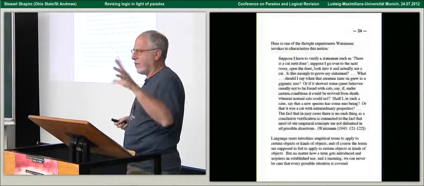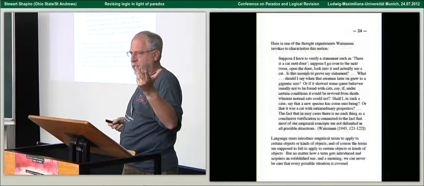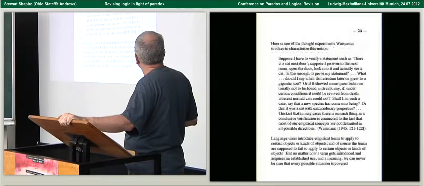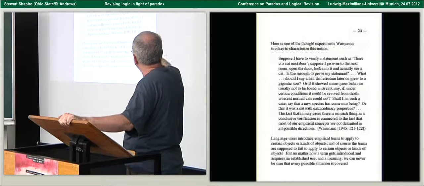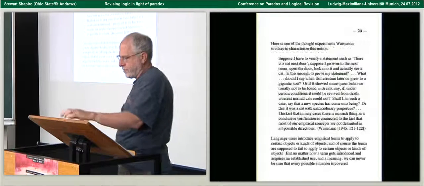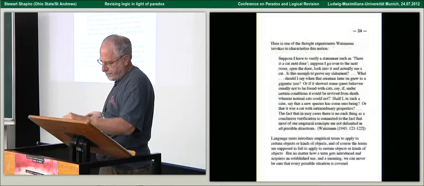The target of the Weismann paper was crude verificationism, but he realized that the idea is more far-reaching than that. The fact that in many cases there is no such thing as a conclusive verification is connected to the fact that most of our empirical concepts are not delimited in all possible directions. All right. That's the main idea.